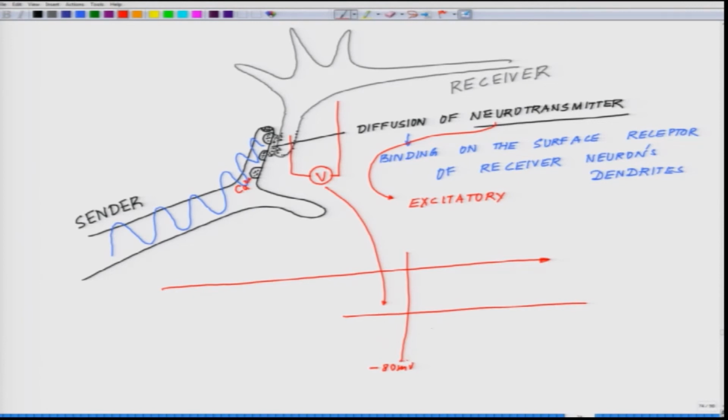Now, if these excitatory neurotransmitters bind to this receiver neuron, what will happen? Its membrane potential, because of the influx of the positive ions here, because of the binding, this place becomes positive and it may even reach say minus 40 millivolt.